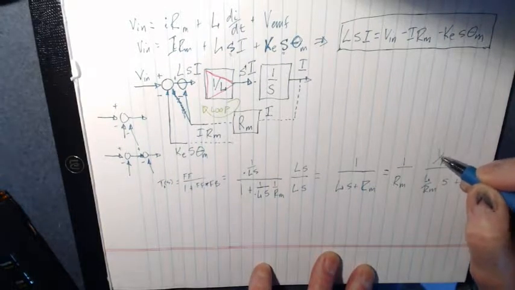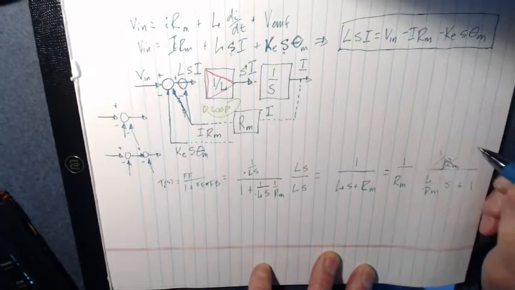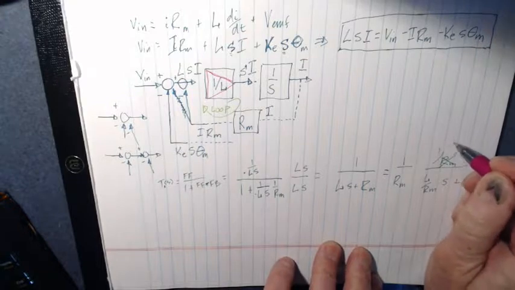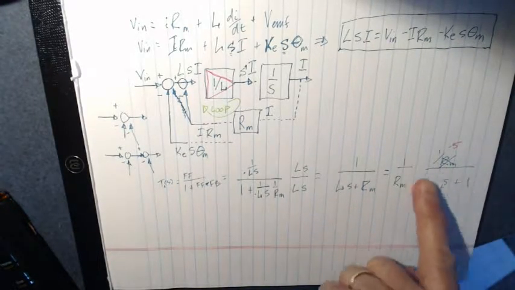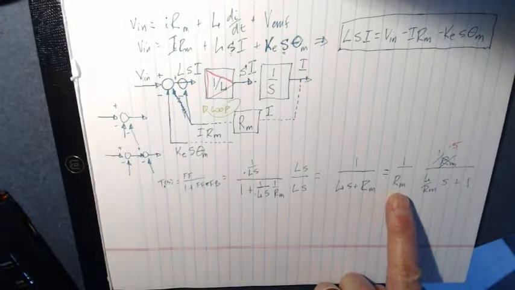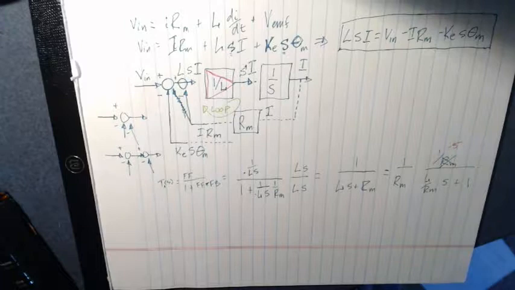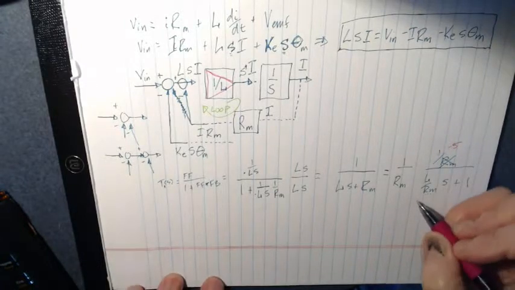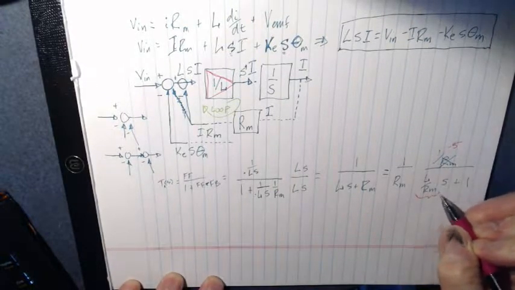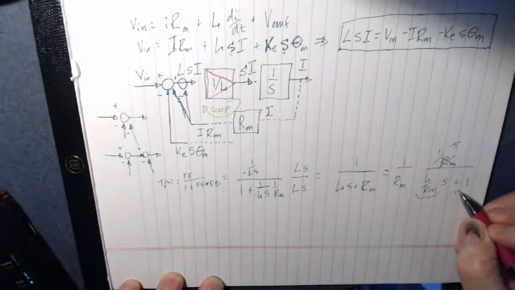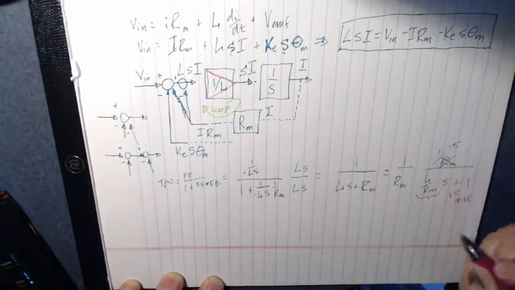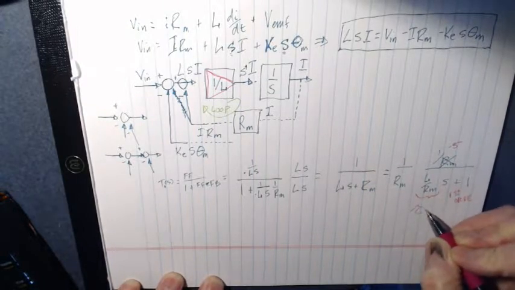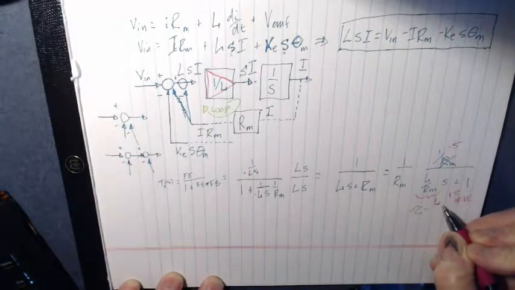This is just a 1. I already took the 1 over RM out. I've got it in here. I don't need to put it up there also. Okay, so wait, this just looks like a first order system. And here is the time constant, tau is equal to L over R.